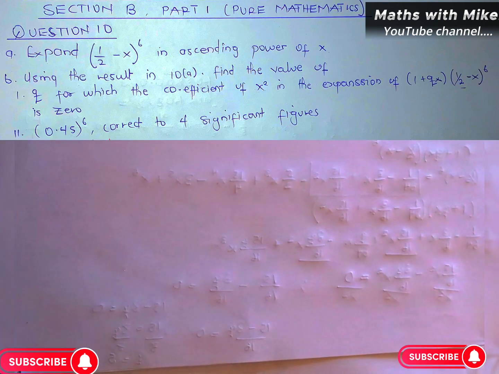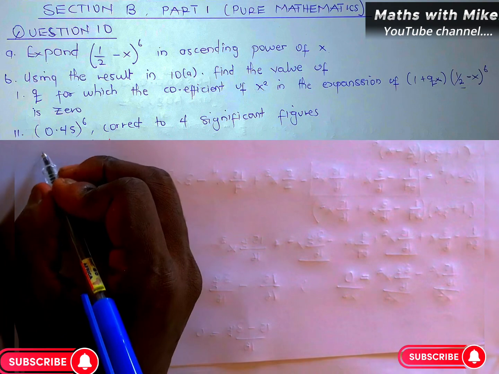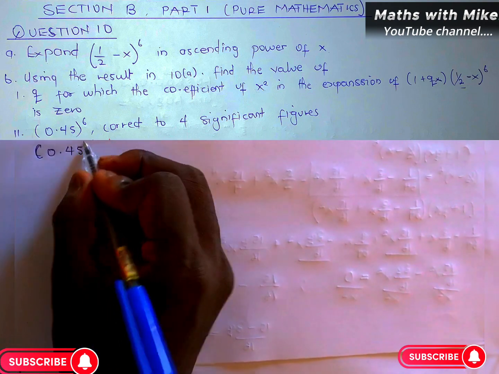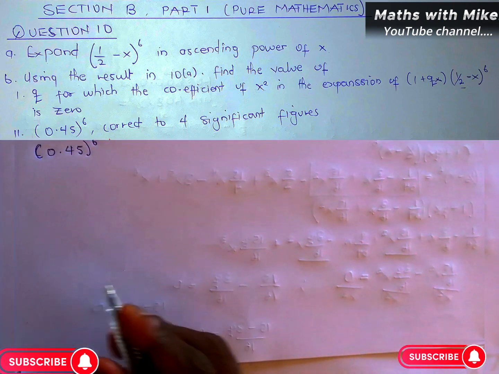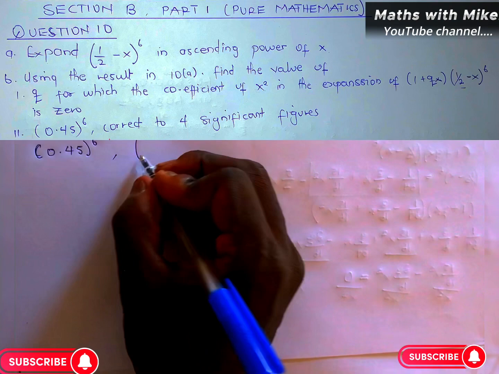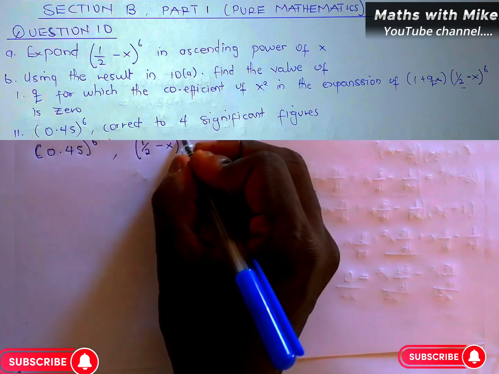B(ii). We are asked to find 0.45 exponent 6 correct to 4 significant figures. So the solution: 0.45 exponent 6. Now if you compare this to part A, which was the expansion, it was 1 over 2 minus x exponent 6.